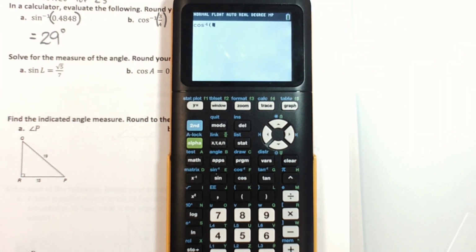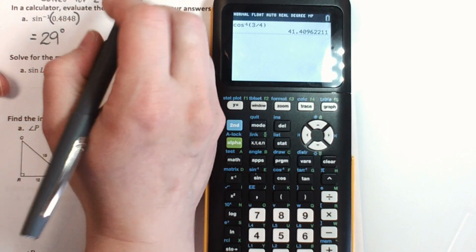Speaking of 3/4, how do I put 3/4 into a calculator? Without the fraction button, it's 3 divided by 4. The fraction button sometimes gets messy with trig, so I would just use a divide symbol. Sometimes it works, sometimes it doesn't. Round it to the nearest degree, 41 degrees.